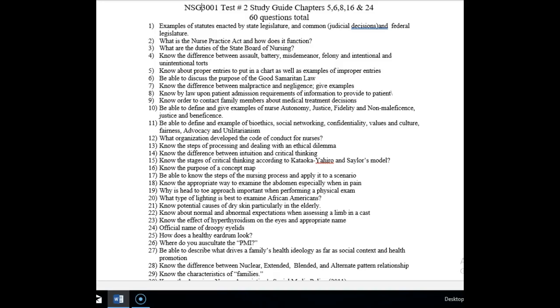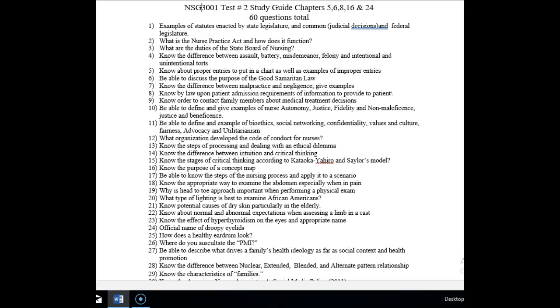The Good Samaritan law protects the nurse because, for instance, if a nurse is doing something within that nurse's scope of practice, it provides the nurse immunity when they do something reasonable to try to save a person's life.